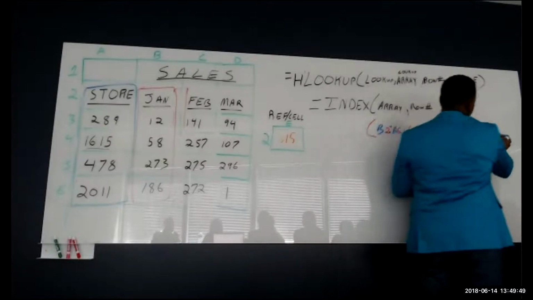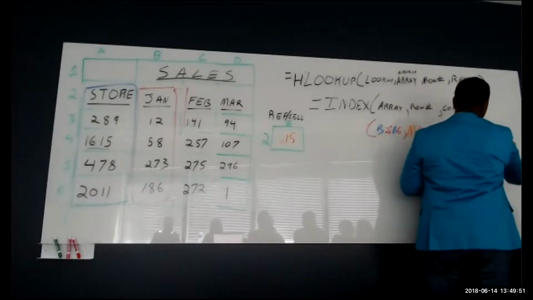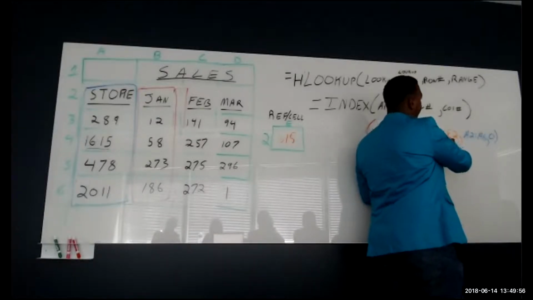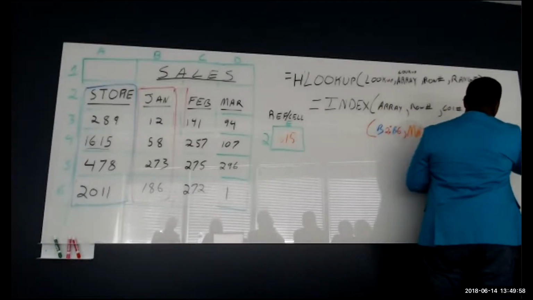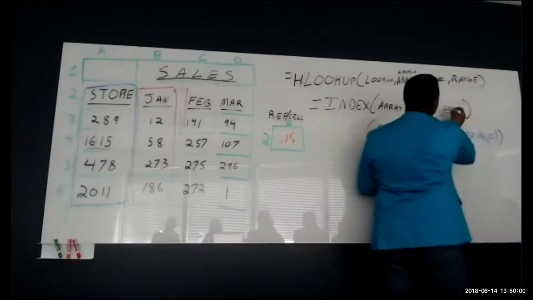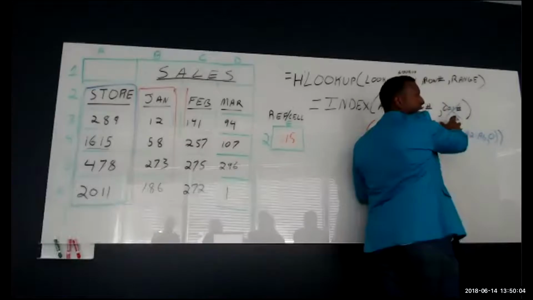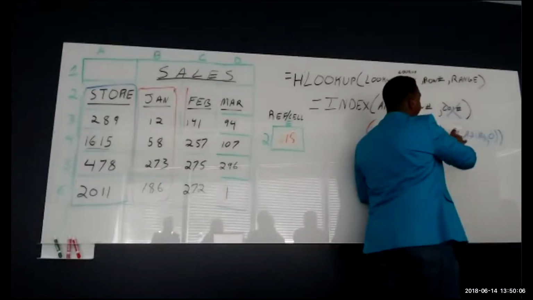We're going to put a 0 here on the end of my MATCH because we want the exact find of this. Then I'm going to put an extra parentheses because I don't care about the column piece right now. We're going to talk about that a little bit later.